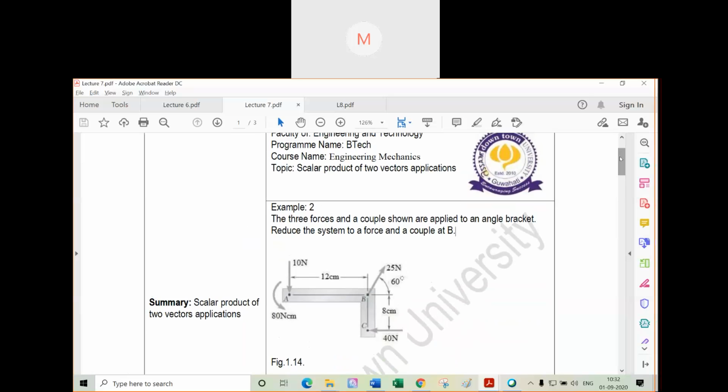So if I hide this, can you try solving the numerical, or shall I do it?